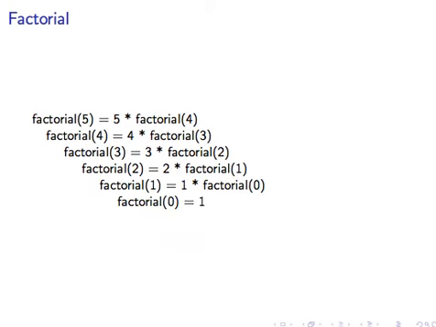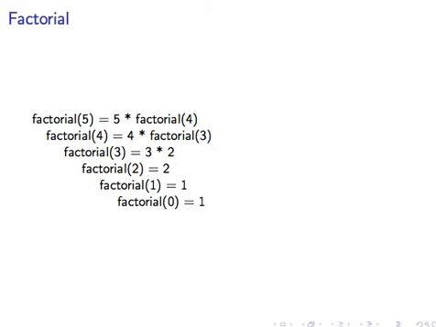Finally, we get to factorial of 0, but here the base case applies, and the result is 1 immediately. Now factorial of 0 is replaced by 1 in the body of the call factorial of 1. The result of that is, again, 1, and that result then is used in completing the evaluation of the body of factorial of 2.